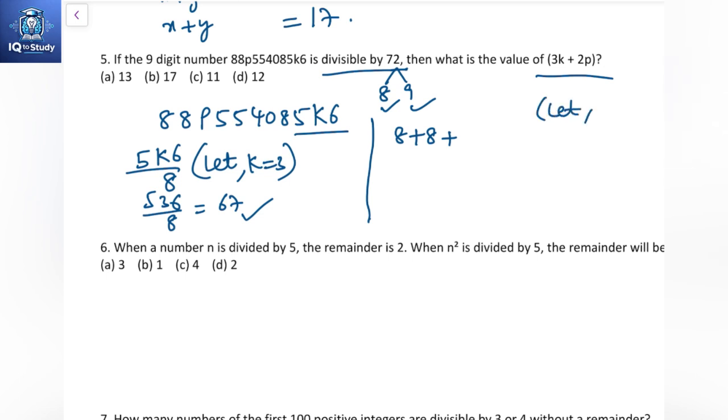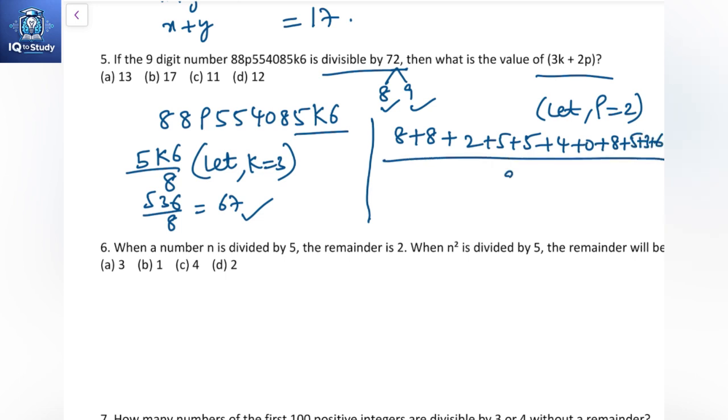Let P equal to 2 here. Means 2 plus 5 plus 5 plus 4 plus 0 plus 8 plus 5 plus 3 plus 6 divided by 9, which is equal to 54 by 9, that is equal to 6. So this is also divisible by 9.